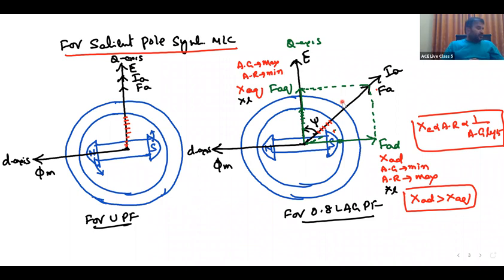There is no rule that ID is greater than IQ. ID and IQ have no particular relation; ID may be more or less than IQ for a particular power factor. Okay, thank you, sir.